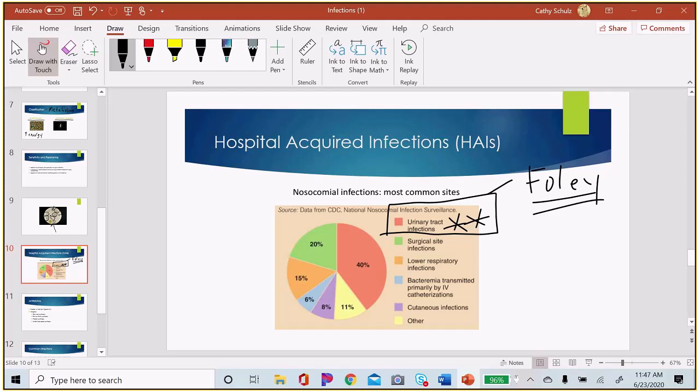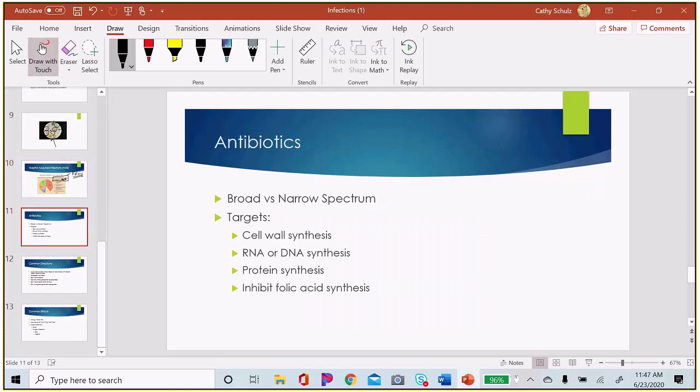If we do use them, they should be cared for properly with appropriate pericare, not pulling to avoid trauma at the area, and keeping the area clean. Those are all nursing interventions to prevent a very horrible hospital acquired infection. So I always bring that up. And then we'll stop with this slide before we take our lunch break.